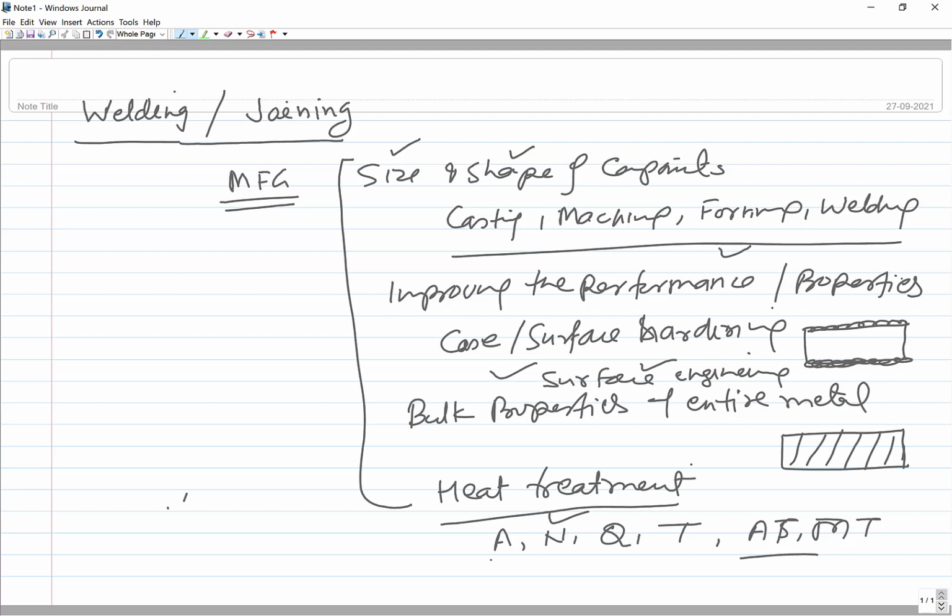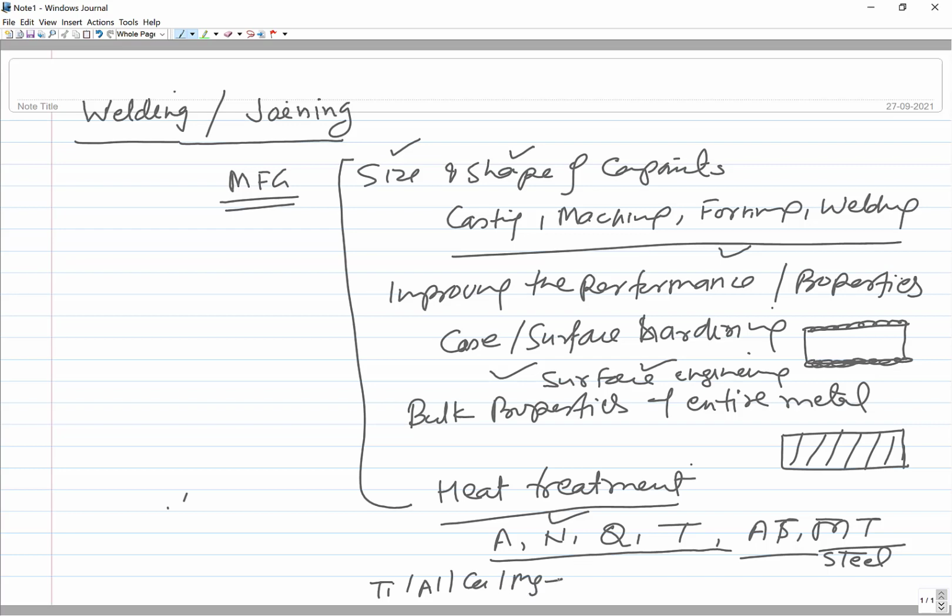These are mostly used for steels, but we don't use just steels in the engineering industry or in society. We use a number of other materials such as titanium, aluminum, copper and magnesium.